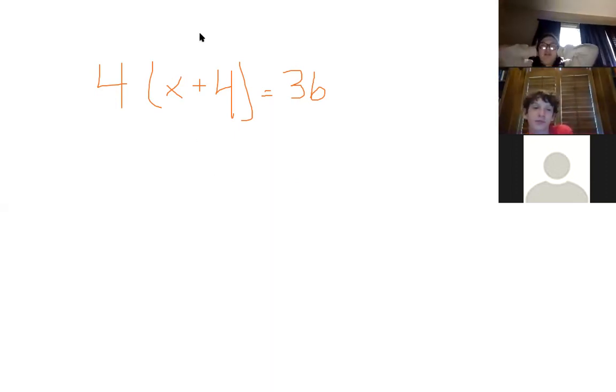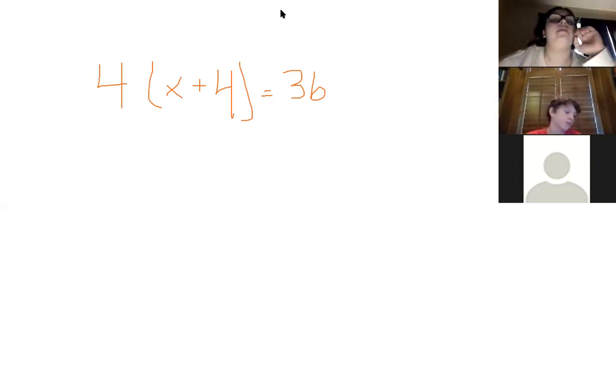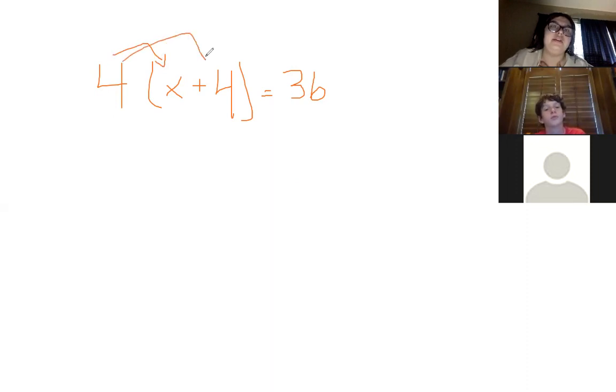So someone come off mute and explain to me what you did in order to get this answer. So I multiplied 4 times x and 4 times 4. Okay, and so what does that left side of the equation now look like? 4x plus 16. Equals 36.